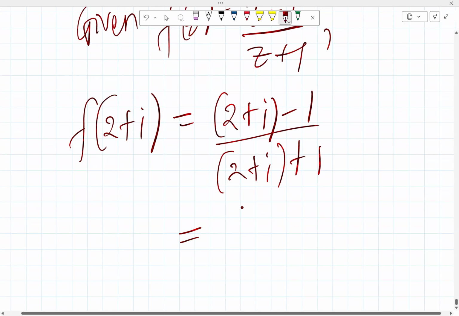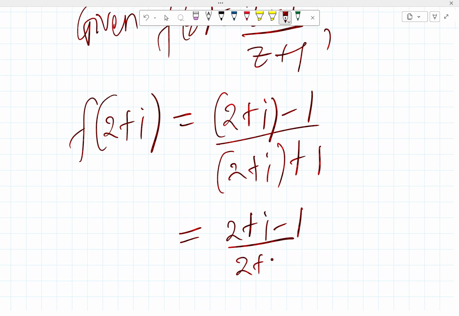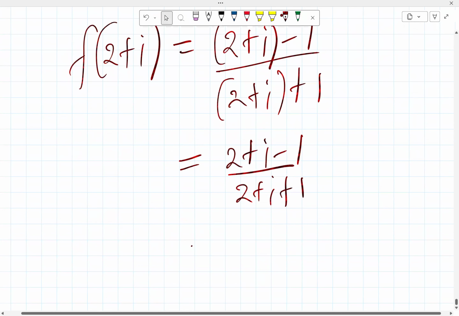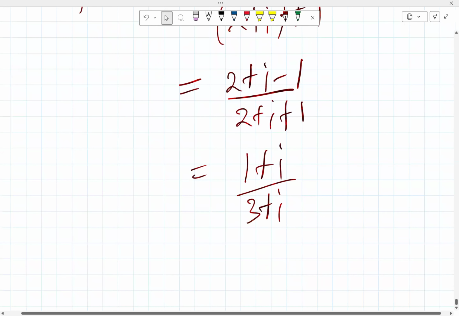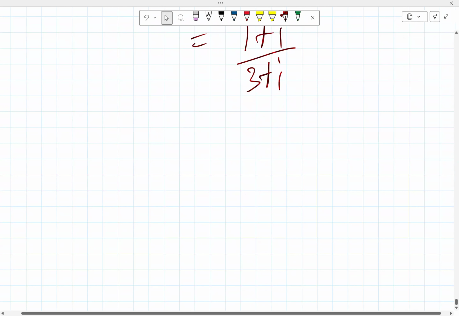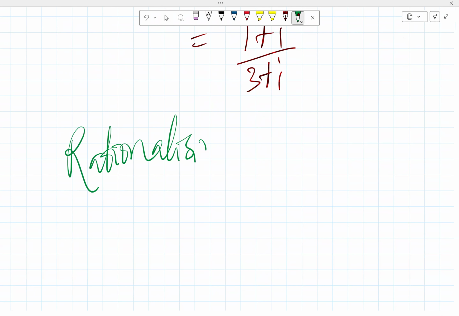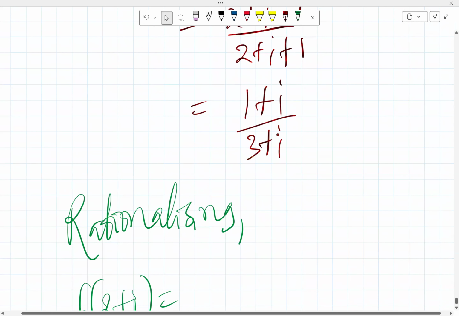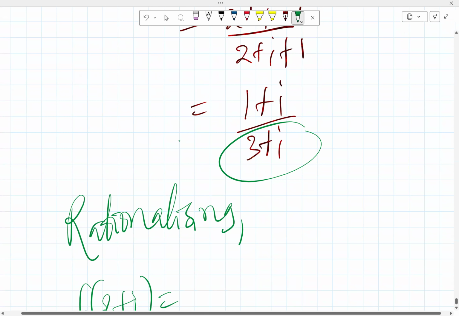So that's 2 plus i minus 1 over 2 plus i plus 1. This is 2 minus 1, that's 1 plus i. 2 plus 1, that's 3 plus i. With that in place, we can then rationalize. So f of 2 plus i would be, we multiply numerator and denominator by the conjugate of 3 plus i, which is 3 minus i.